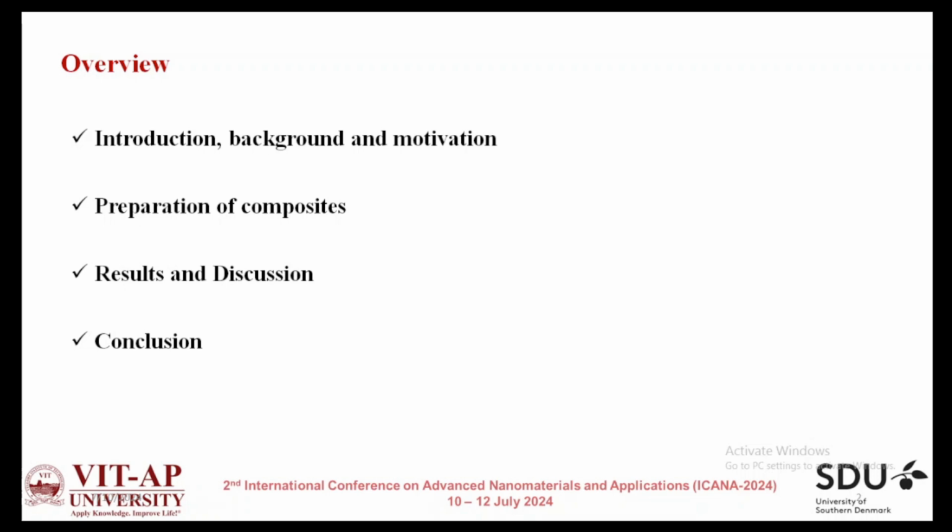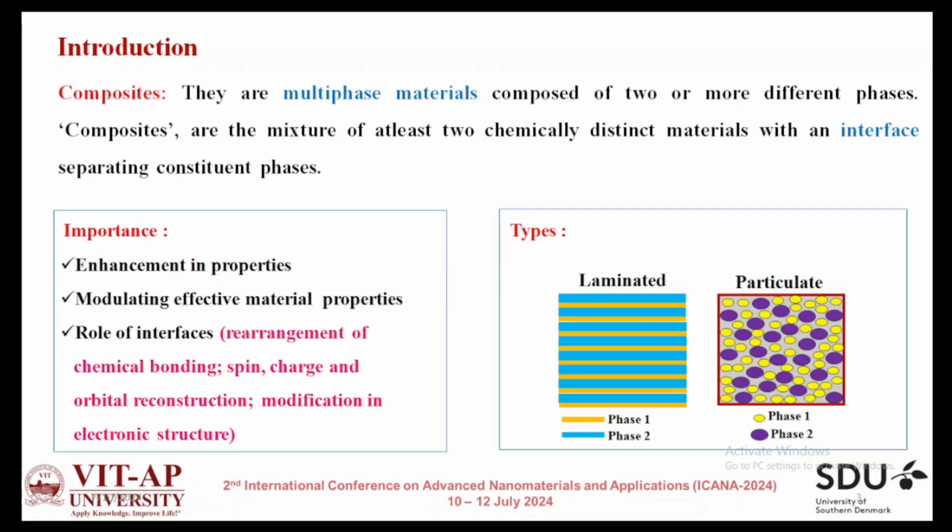So basically, what are composites? Composites are nothing but multiphase materials in which two or more different phases are present, and these phases are chemically distinct, with an interface separating the constituents, present between two chemically distinct phases. On the basis of the preparation techniques, composites can be classified into two broad categories: laminated type of composites and particulate type of composites.